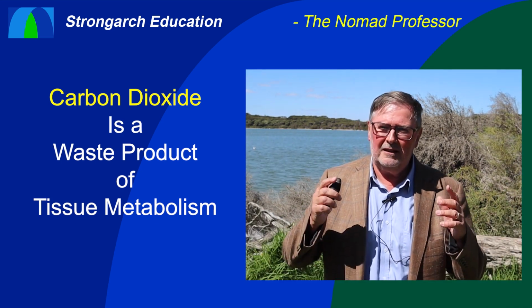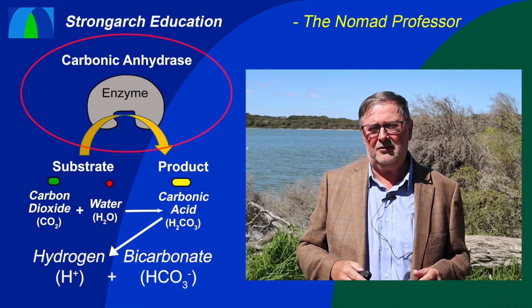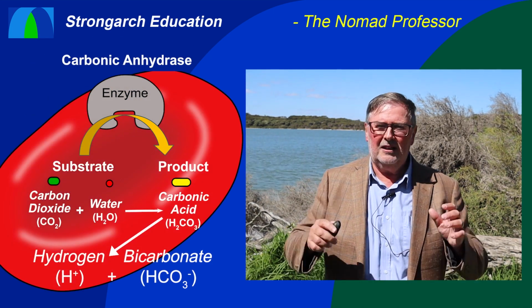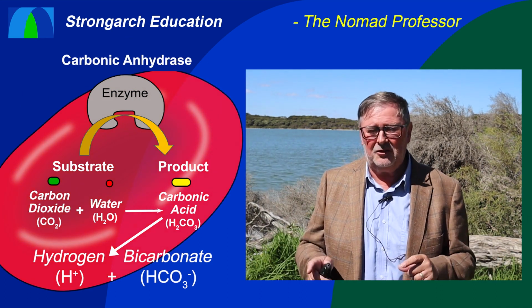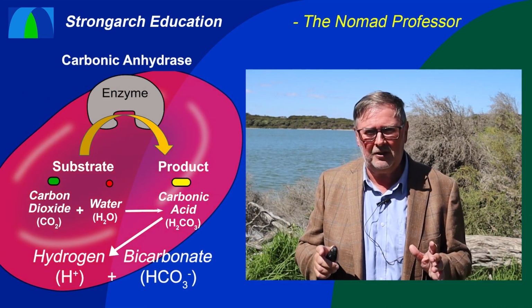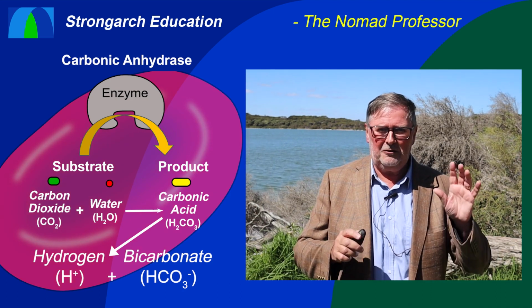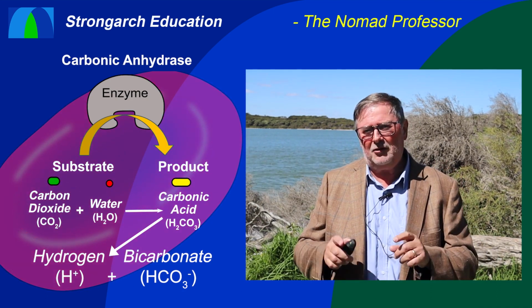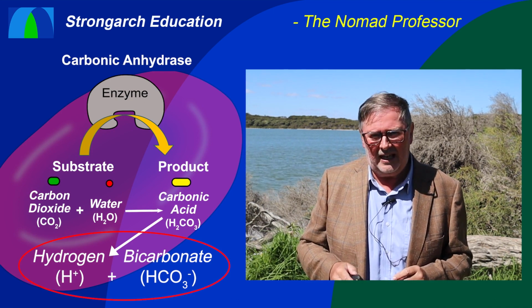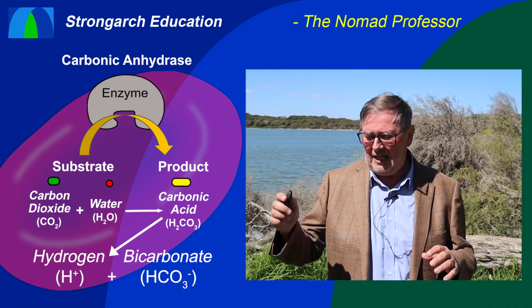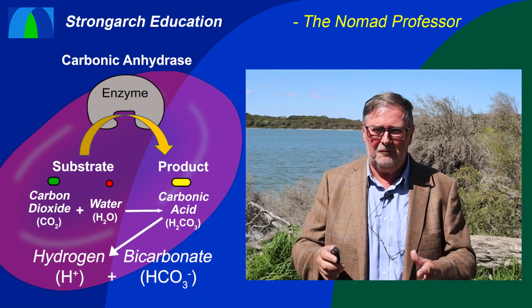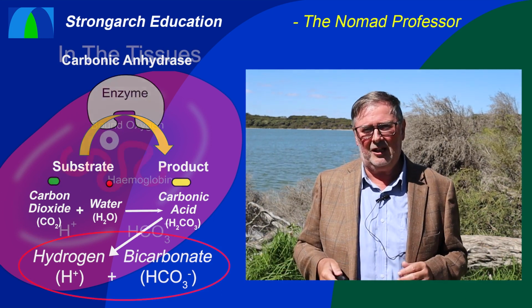Well, the carbonic anhydrase that sits inside of red blood cells catalyzes the reaction converting this carbon dioxide into hydrogen ions and bicarbonate. So the carbon dioxide that's in the tissues is being converted into hydrogen ions and bicarbonate molecules.